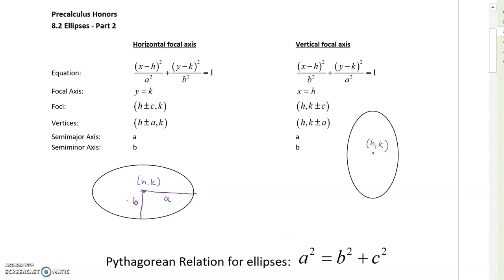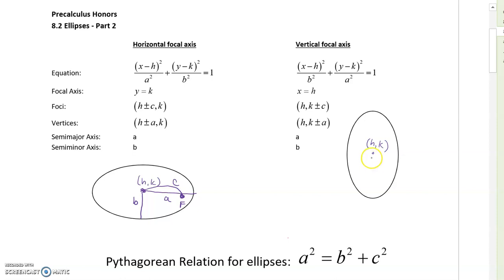And the third part of this puzzle is that the distance horizontally from the center, in this case horizontally, from the center out along the main axis to the focus point, that's going to be C.